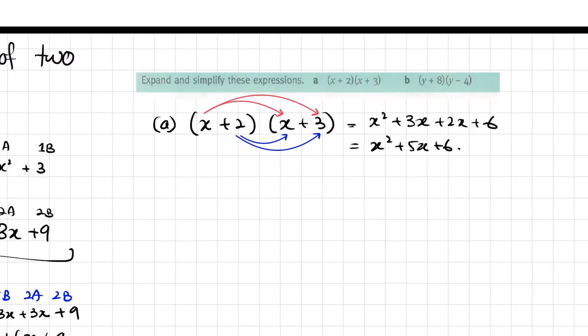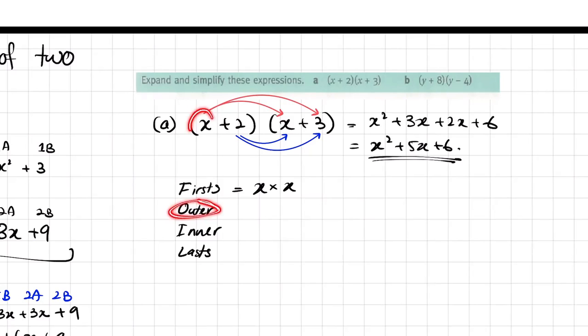This is the answer. Okay, we can also use something else that we call FOIL. It means first, outer, inner, last. So the first will be the first and the first, so X times X. Outer will be the outside, X times 3.